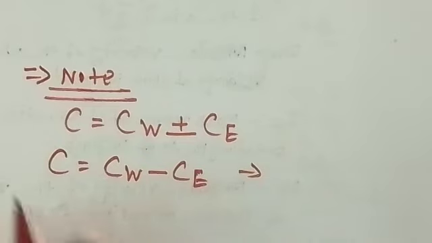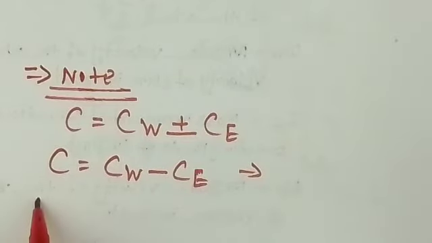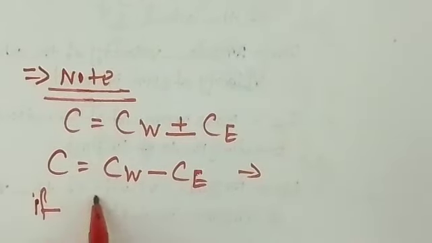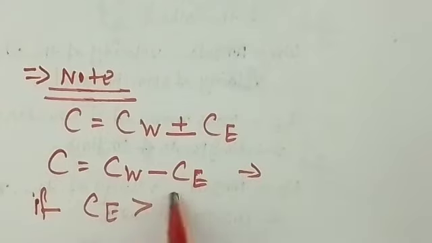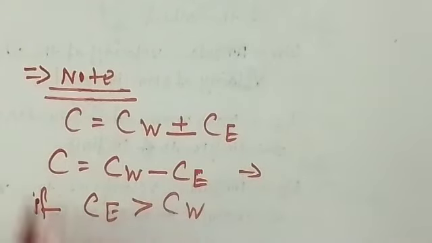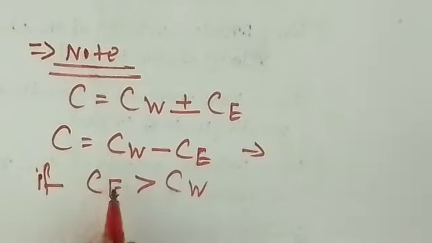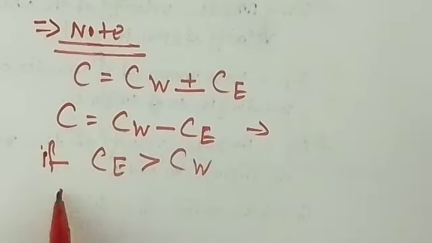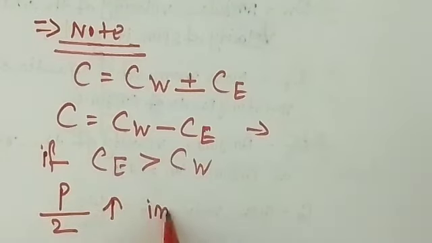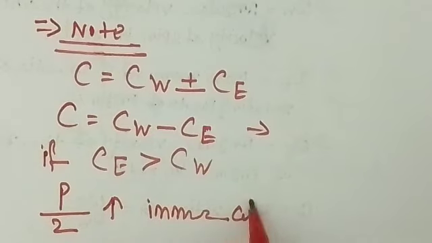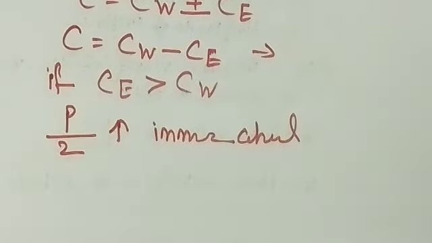In this particular case, make a point that if CE is greater than CW, then the net gyroscopic couple will come negative, right? When such a condition takes place, what will happen is that P by 2, the reaction due to the gyroscopic couple, will be upward on the inner wheel. Very, very important point we are discussing.